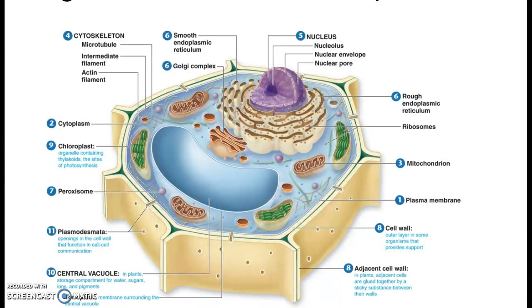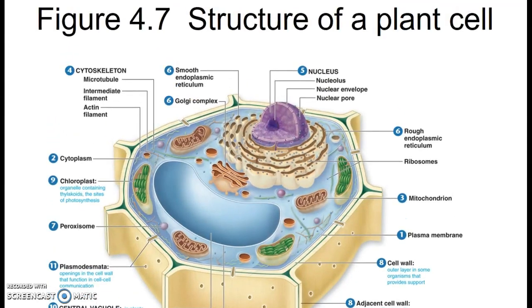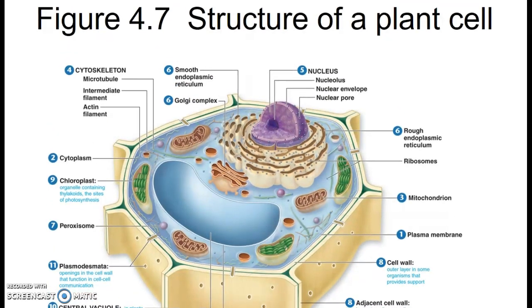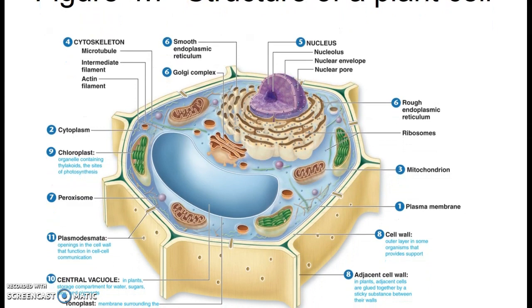This is figure 4.7 from your book, that shows the structure of a plant cell. And so between this figure and figure 4.6, where you see the structure of an animal cell, you can see some of the differences between the two cell types.